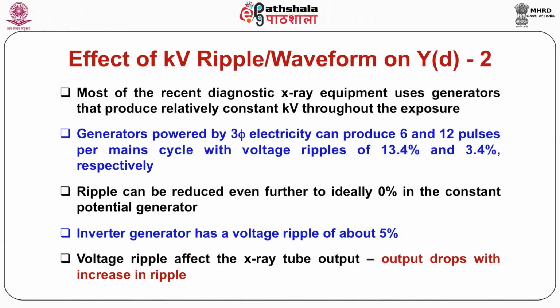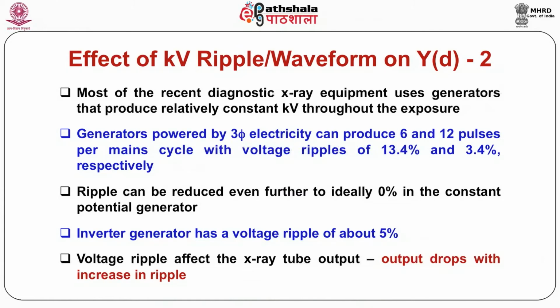For example, generators powered by 3-phase electricity can produce 6 and 12 pulses per mains cycle with voltage ripples of 13.4 and 3.4% respectively. Ripple can be reduced even further to ideally 0% in the constant potential generator.